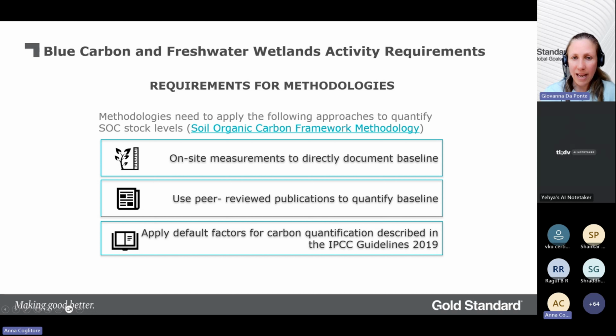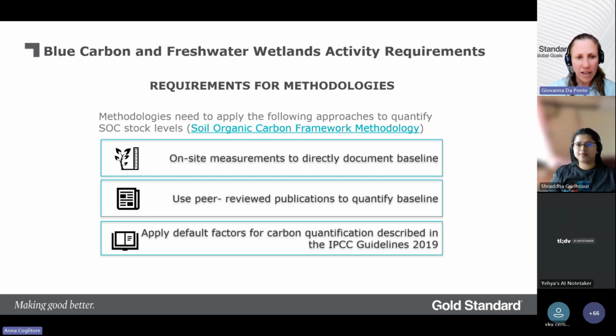And the last slide on the blue carbon and freshwater wetlands activity requirements covers the requirements for the methodologies. Projects must adopt scientifically validated methods for carbon quantification. Preferably, on-site measurements directly document, for instance, the baseline and quantification of carbon.